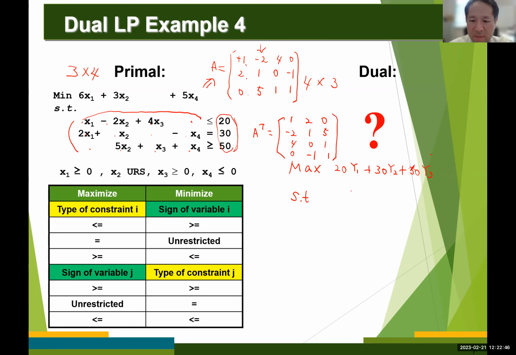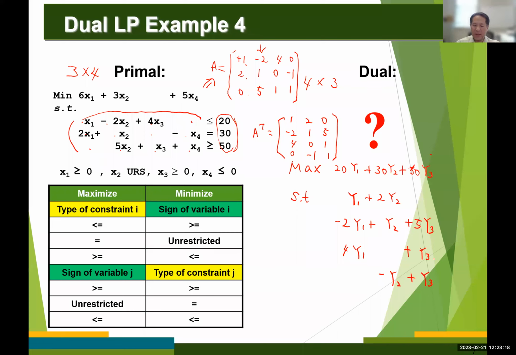So we are going to have y1 plus 2y2, right? And -2y1 plus y2 plus 5y3, and 4y1 plus y3, and then -y2 plus y3.